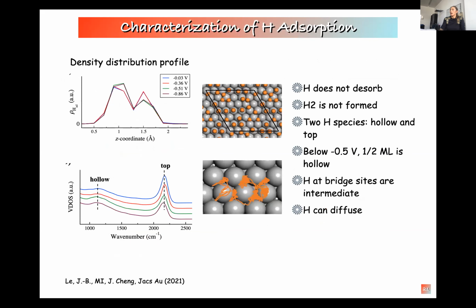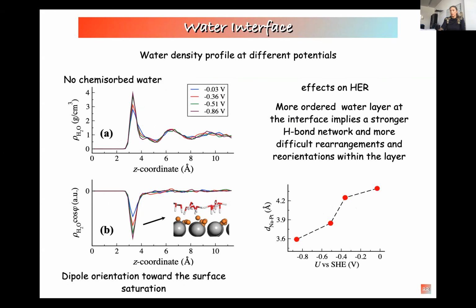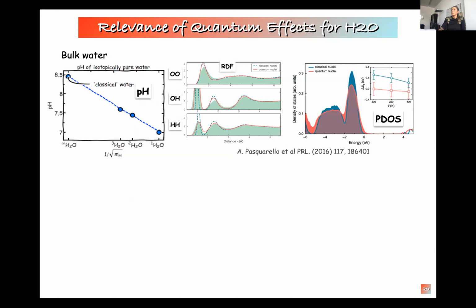So I would skip the results of this study. We can discuss instead what happens if we consider the quantum effects in water. This is an important aspect because it has already been observed in bulk water that quantum effects are important.